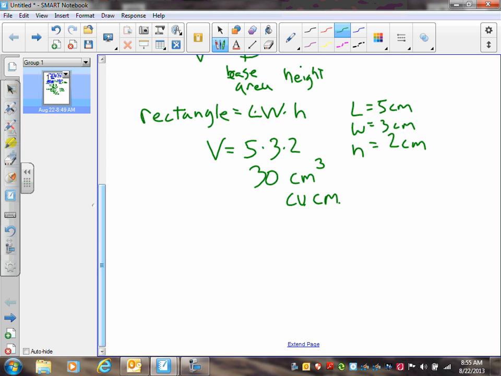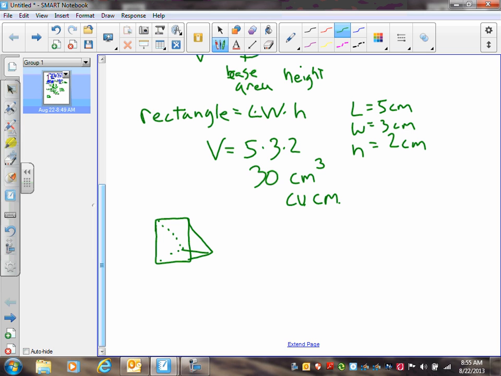Now with a triangular prism, I'm going to do this one a little tricky. You really don't have to worry about drawing it as much as all of that. Triangles are on the sides here.